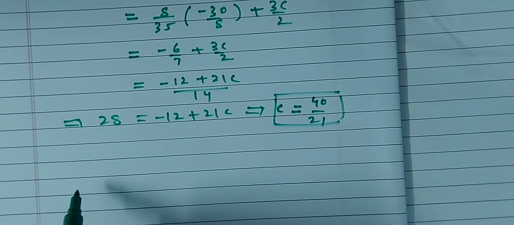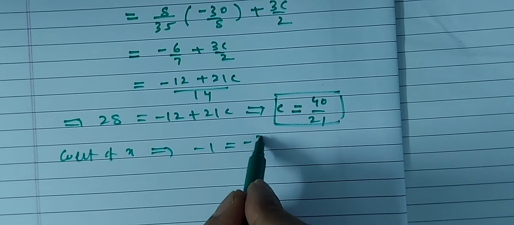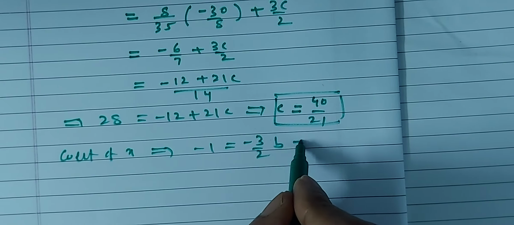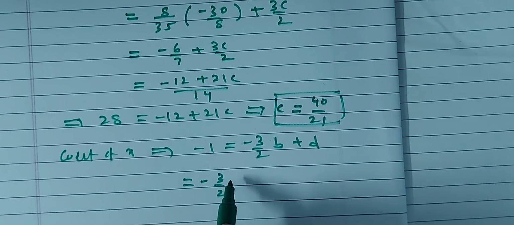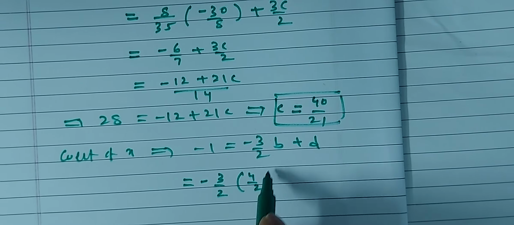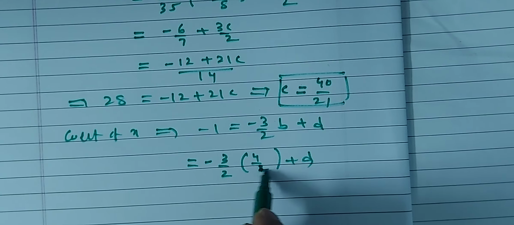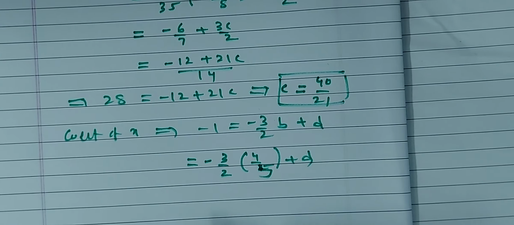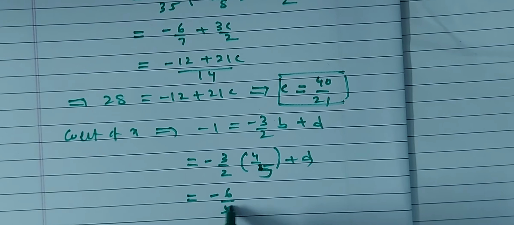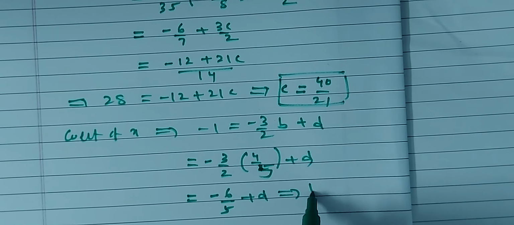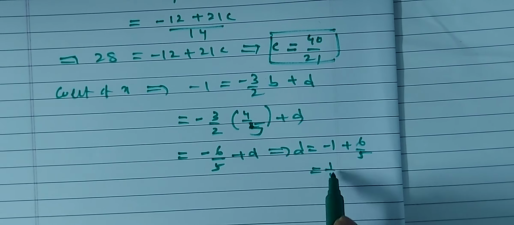Right. Coefficient of x implies minus 1 is equal to minus 3 by 2 into b plus d, which is minus 3 by 2 into 4 by 5 plus d, is equal to minus 6 by 5 plus d, implies d is equal to minus 1 plus 6 by 5, is equal to 1 by 5.